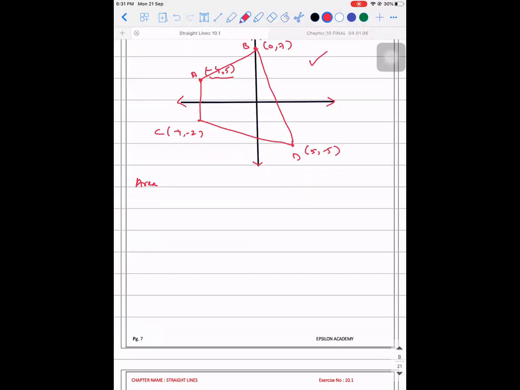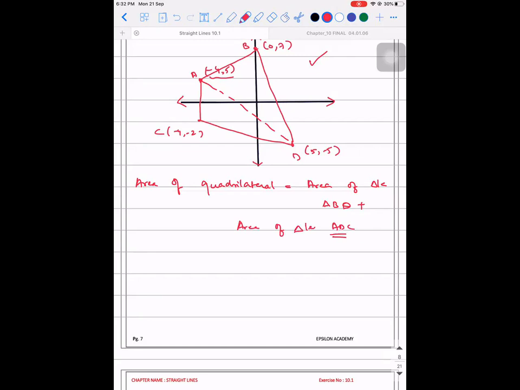So using that cyclic pattern, we can divide this quadrilateral into two triangles. Can I write the area of the quadrilateral as area of triangle ABD plus area of triangle ADC?